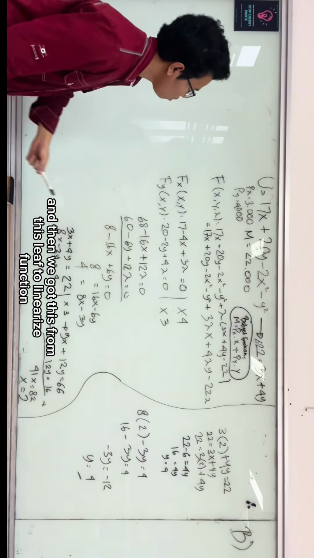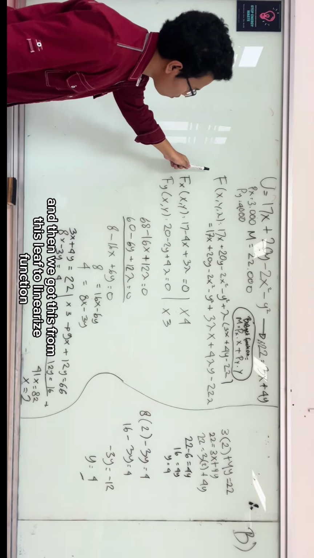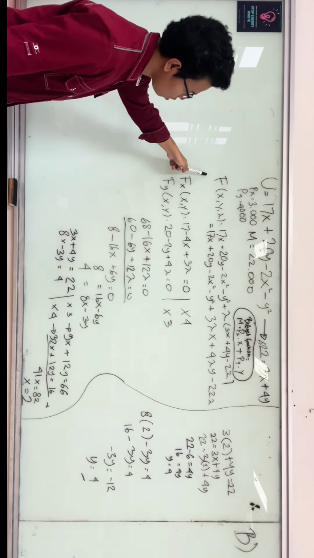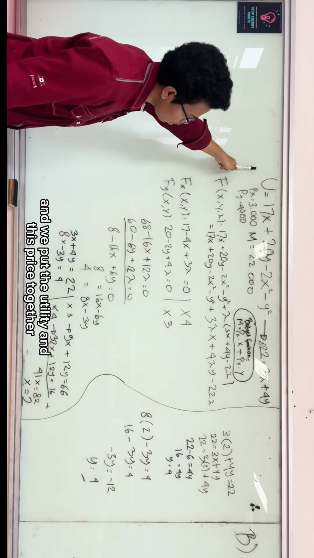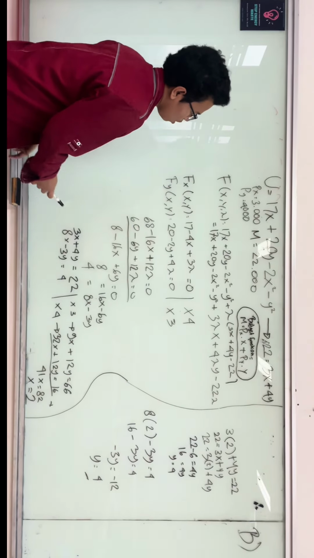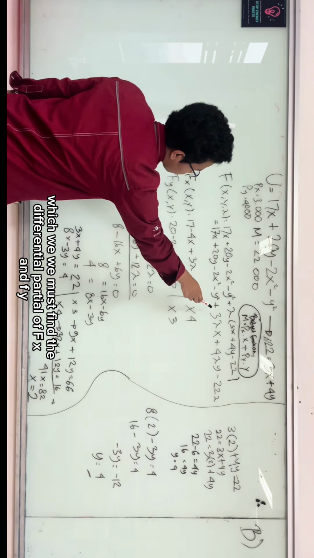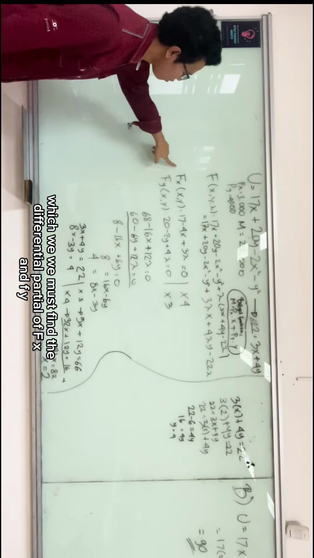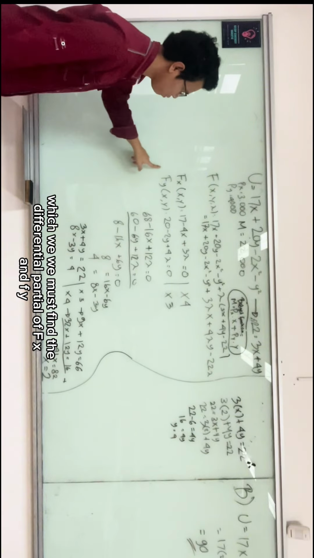And then we got this. From this, we use the Lagrange function, and we put the utility and this price together, which we must find the partial differential of fx and fy.